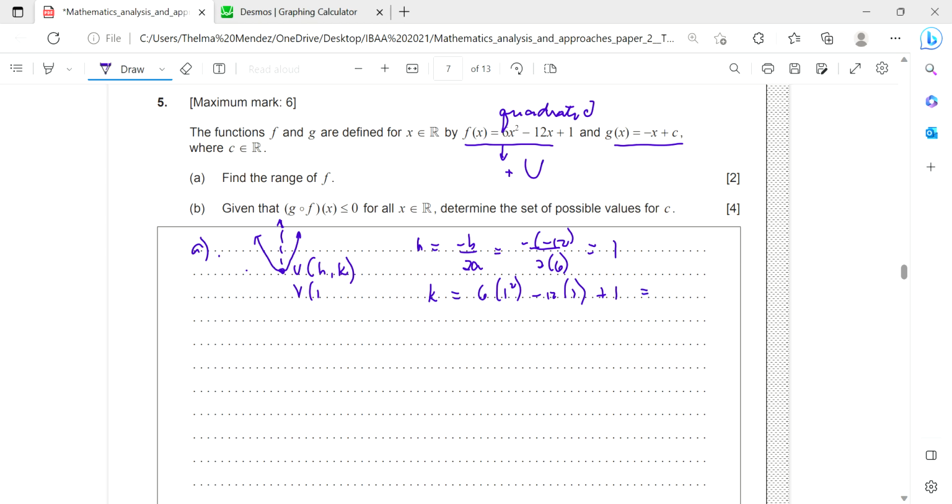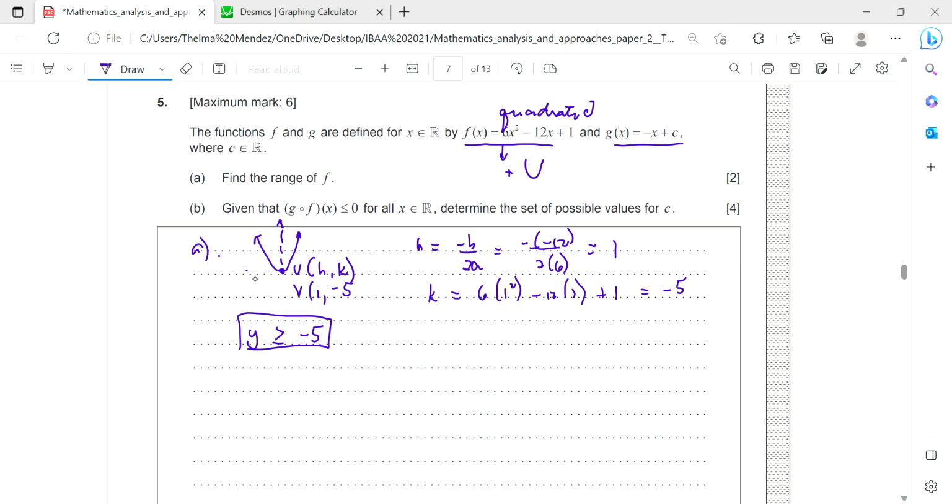So we get our k equal to negative 5. Meaning to say our y values start from negative 5 going up, so it will be equal to or higher than negative 5.